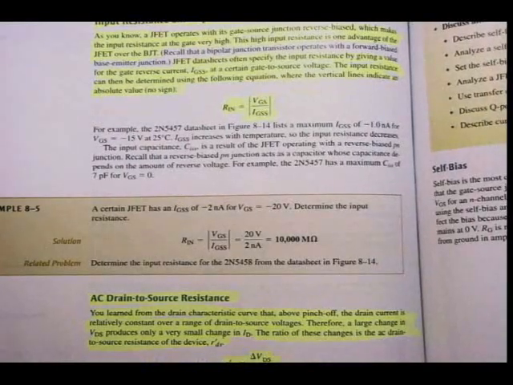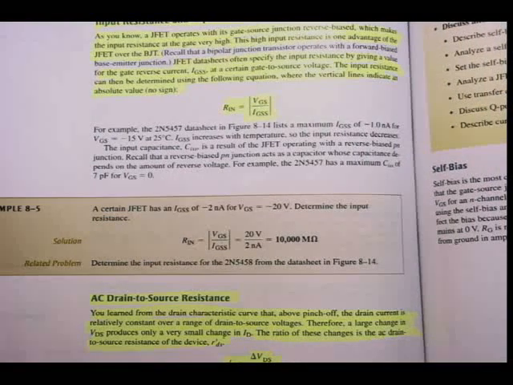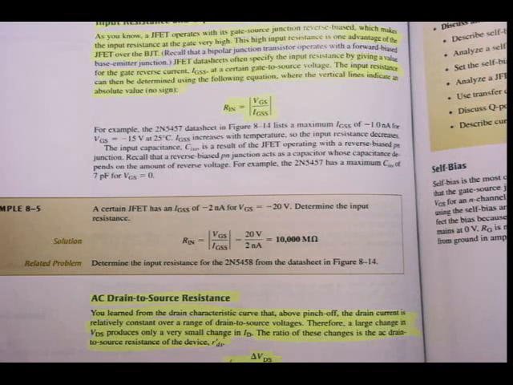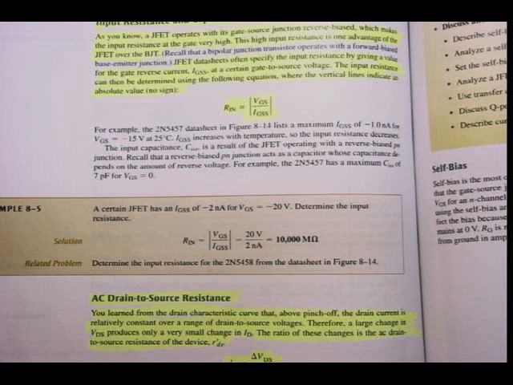Example 8.5. A certain JFET has an IGSS of minus 2 nanoamperes for VGS of minus 20 volts. Determine the input resistance. Just apply the formula, and please note that it's 10,000 megohms. It's an American book. That is 10,000 megohms. They're not using the metric system.